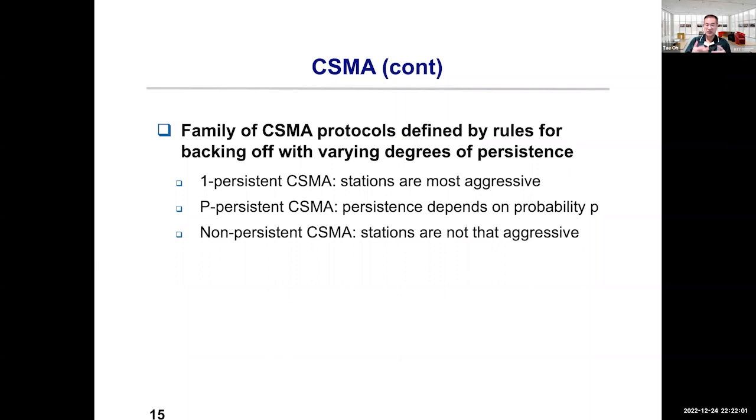So it does this very randomly. Non-persistent is where stations are not aggressive, which means it's not just looking at the probability, and it backs off for a long period of time and tries back. The problem is it's very hard to find when the channel is busy. It takes a long time to do it.